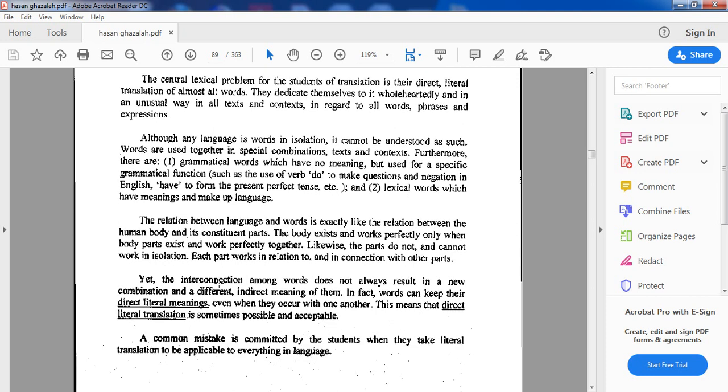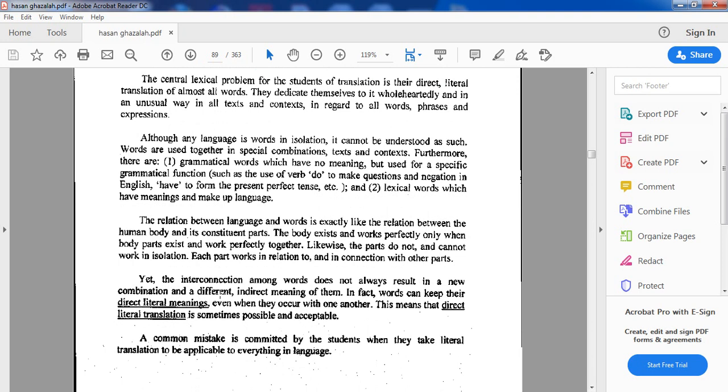The interconnection among words does not always result in a new combination and a different indirect meaning of them. In fact, words can keep their direct literal meanings.